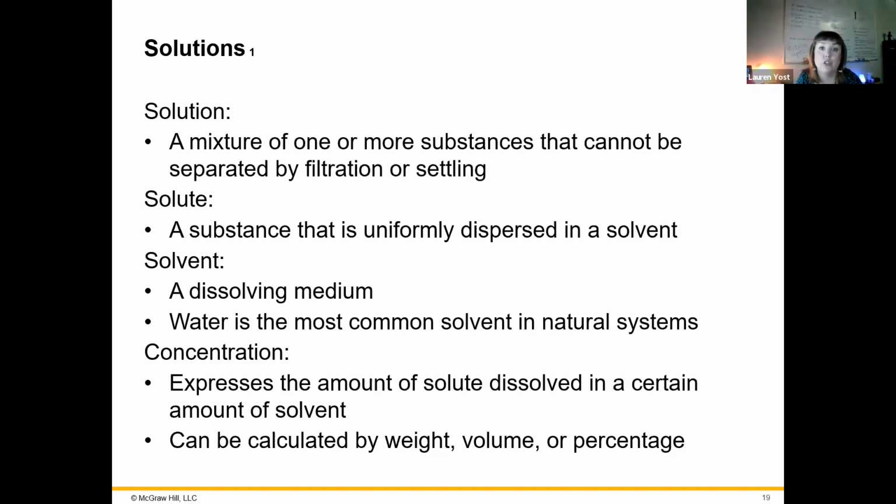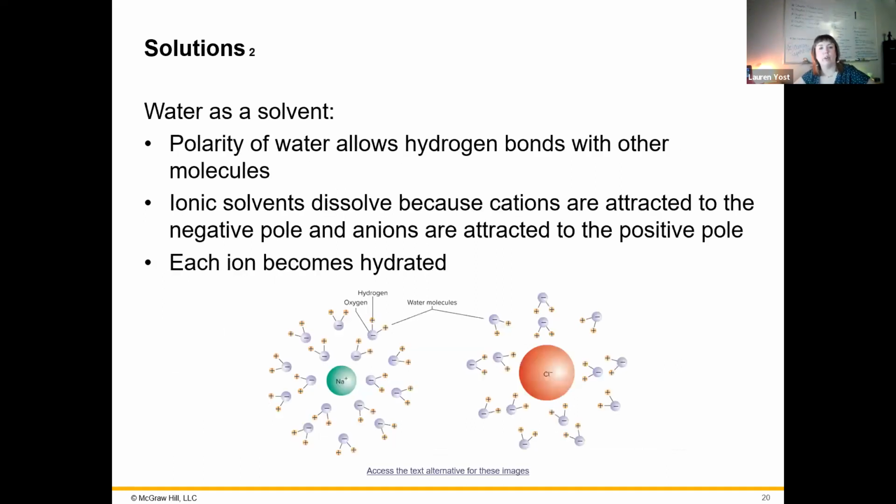So, how much sodium and chloride are present when we dissolve salt as our solute into our solvent of water. We can determine concentration by weight, volume, or percentage, depending on the type of thing you're talking about.